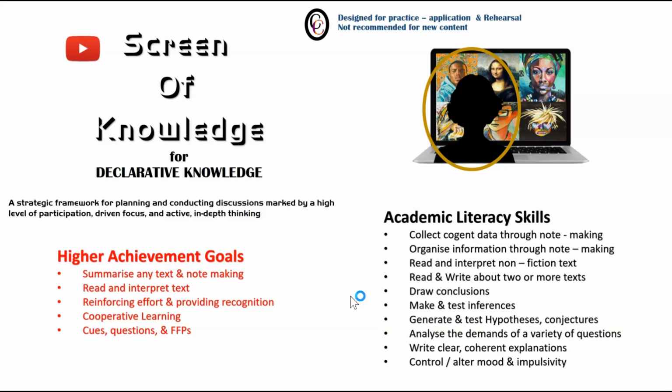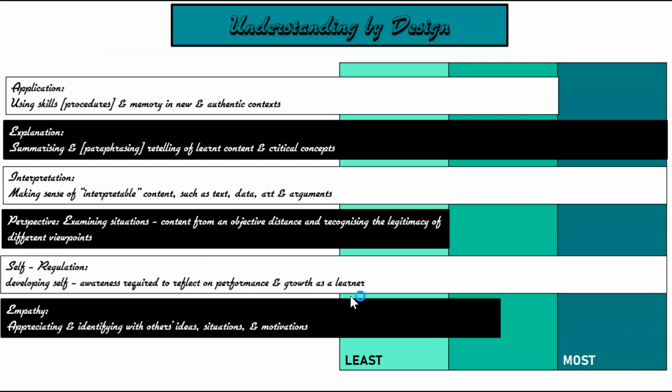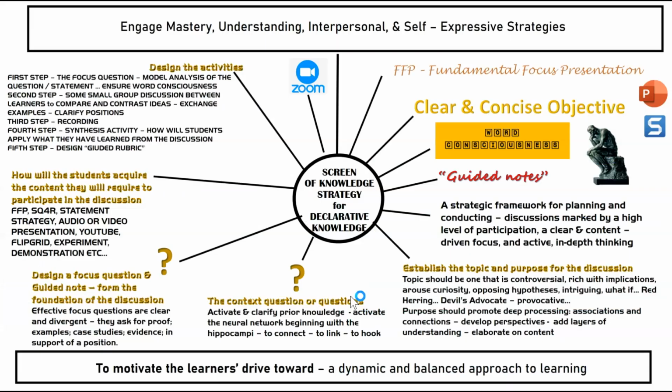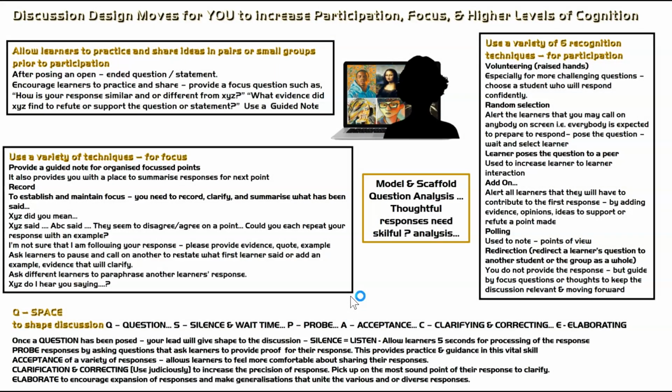If you do this well, it is amazing the response you will get from your students. And, you know, the understanding levels are also there. Your screen of knowledge strategy, the elements that are required. Of course, Zoom can also be workshops.